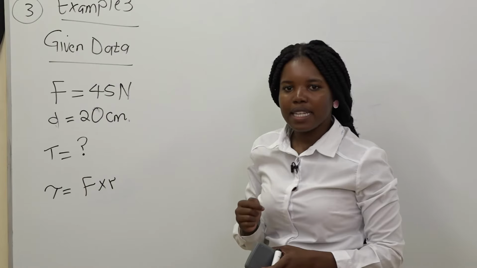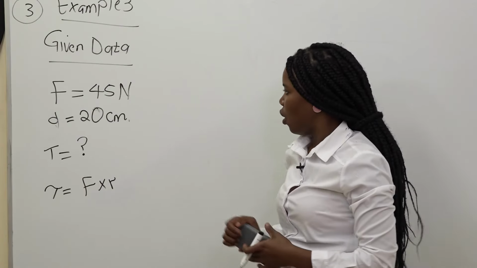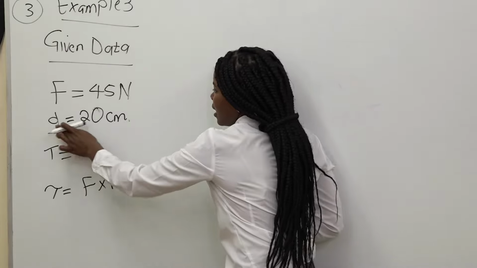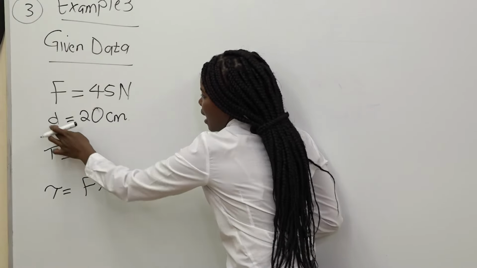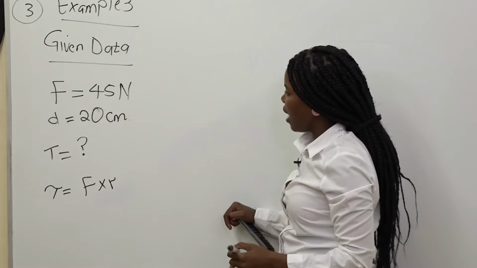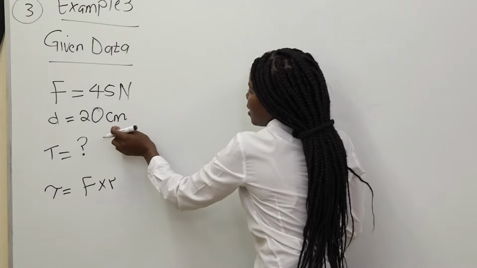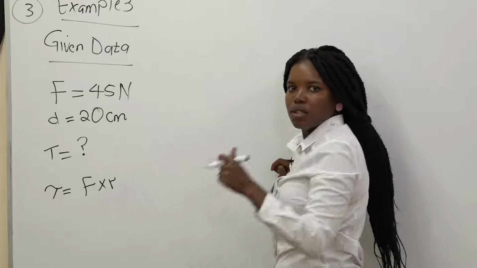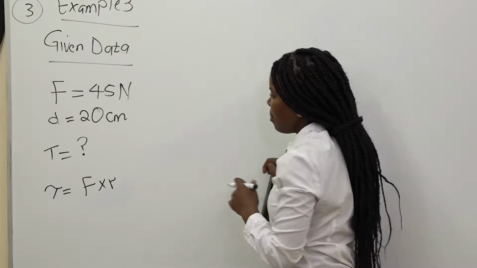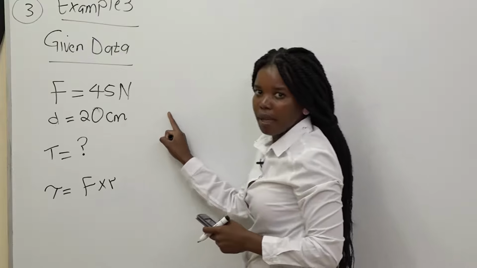From the statement they say the spanner is 20 centimeters long. That is why I said the 20 centimeters is a distance. So now we must first convert the centimeters to meters. Remember, a torque is measured in newton meters.